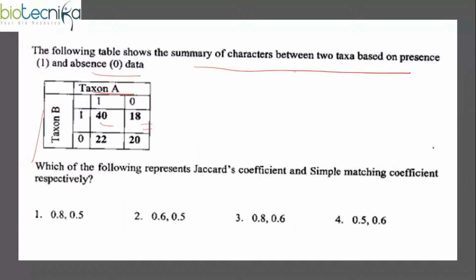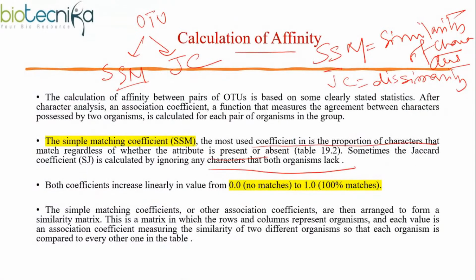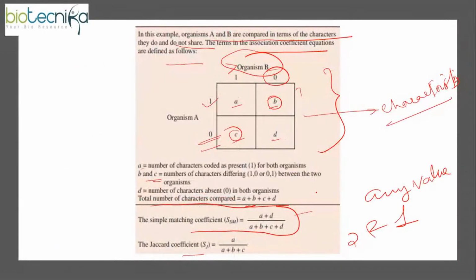Just a moment, I'll get back to the previous slide. One thing we need to understand is that both coefficients increase linearly in value from 0.0 to 1. And another thing I also told you, that the value should be either 0 or 1.